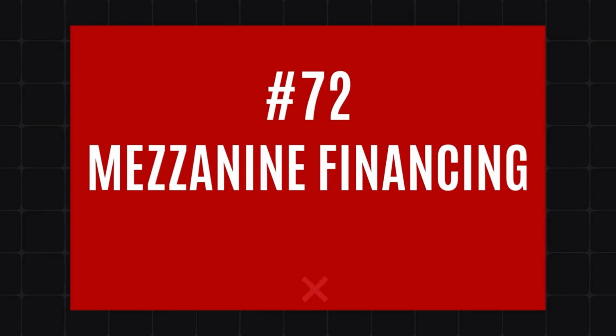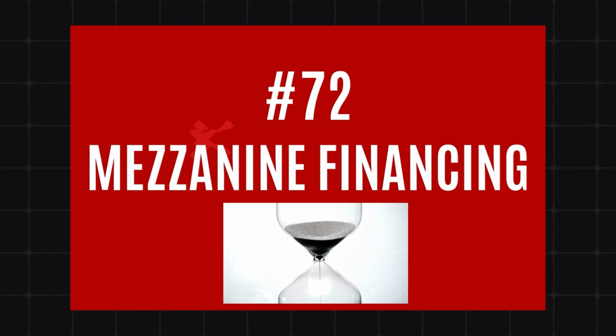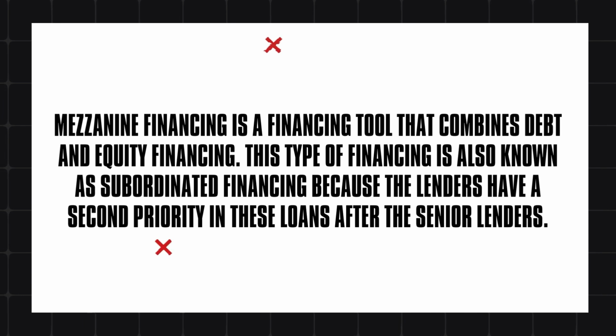Mezzanine financing. Put your definition skills to the test. Mezzanine financing blends debt and equity financing, offering an alternative funding source for real estate projects. It serves as a middle ground between senior debt and equity, providing additional capital while giving lenders a lower priority in repayment compared to senior lenders.